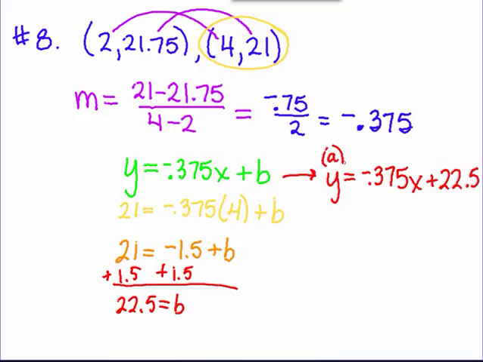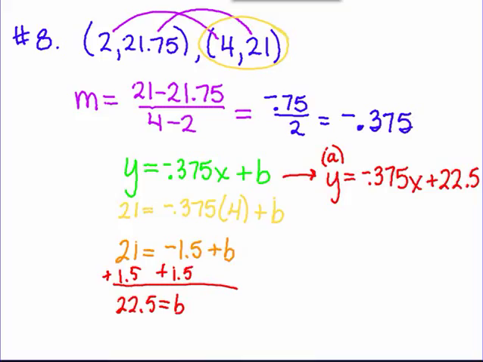But we're not done with the problem because notice there's a B and a C and a D. In B, it says predict the milk consumption in 2020. So let's look at the graph. In the graph it says years since 2000. So I want to predict the milk consumption in 2020.